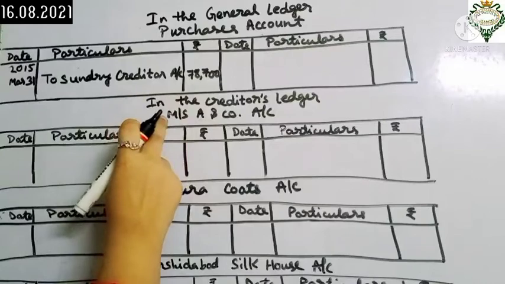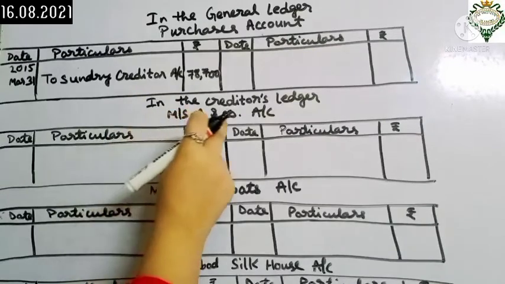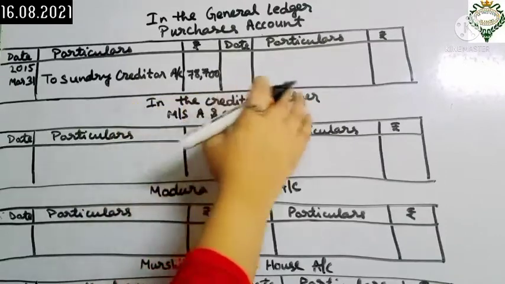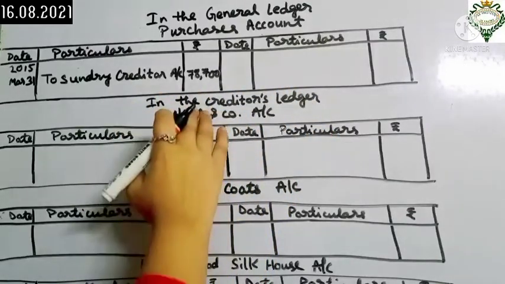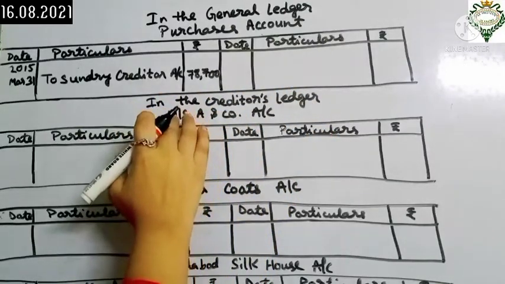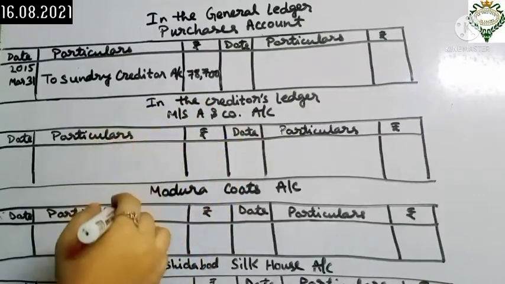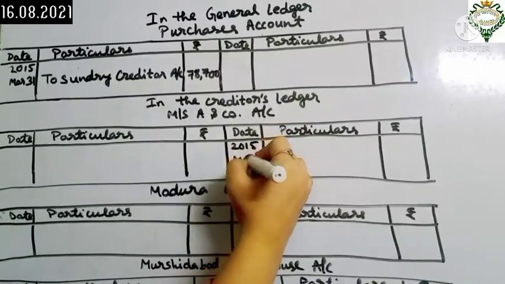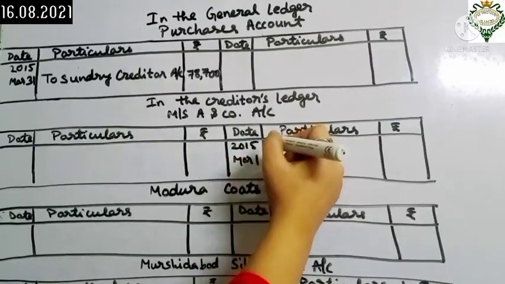Now come to the next ledger account that I have written. The first transaction has been done for the MSA and Company account. So that is the creditors ledger. In the creditors ledger we have drawn 3 accounts. First one is MSA and Company account. That transaction has been done on March 1, so we will write the date here.